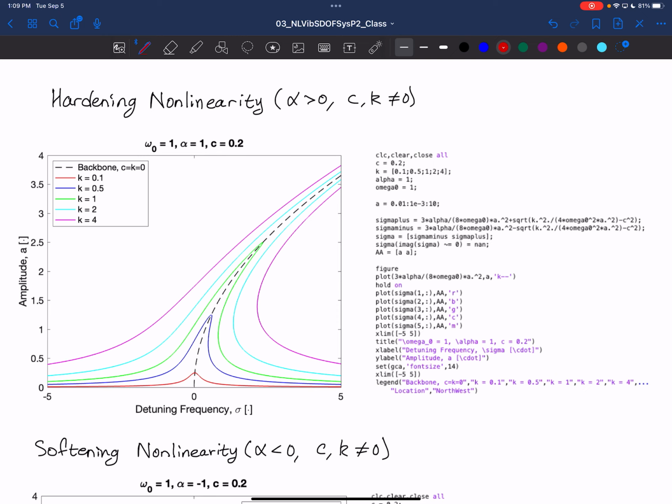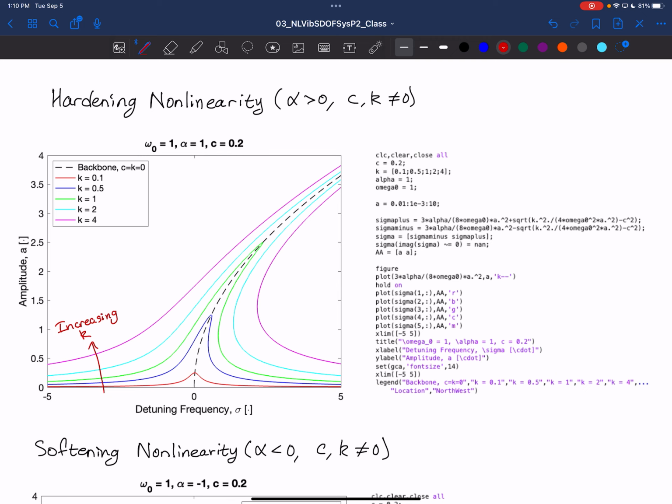Okay, so we have increasing K going like this. That dashed black line is the backbone branch. So you can now see what I'm talking about when I say that the resonance is bending around that backbone branch.